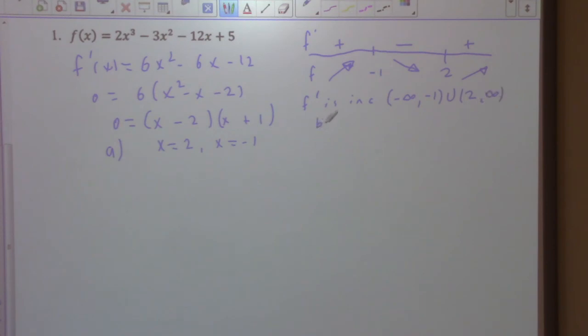Because f prime is what? Greater than 0, thank you ladies. And f is decreasing on what interval? Everywhere else, right? Negative 1 to 2, because f prime is less than 0.